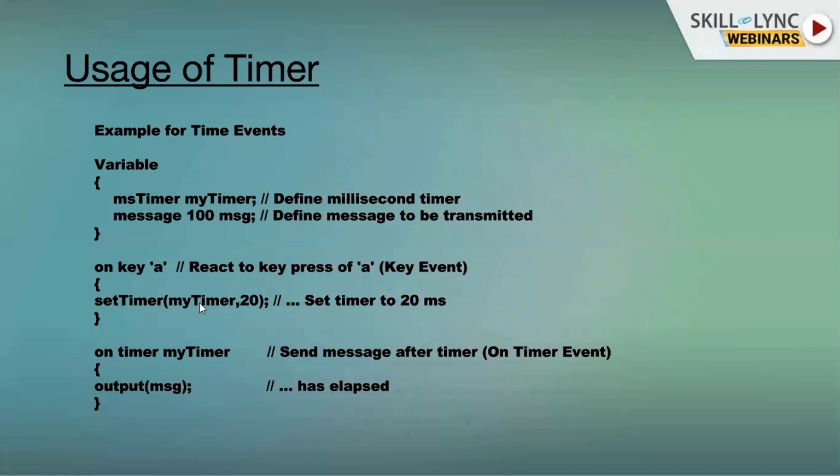Whenever my timer is started, it will come here to on timer. What is given in my timer? For 20 milliseconds, I need to send the message 100. Whatever I have written as a message will be sent to the CAN network. This is how the timer will work. Once the 20 milliseconds is completed, it will send the message which has the ID of 100.